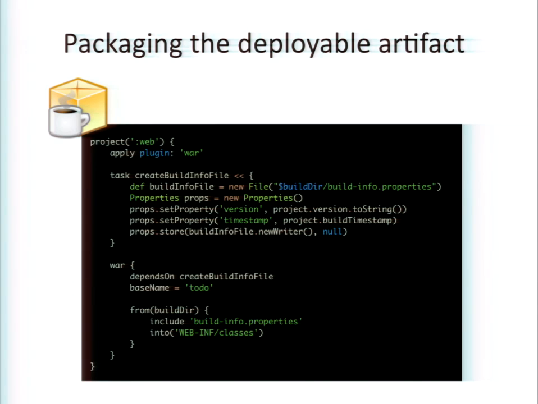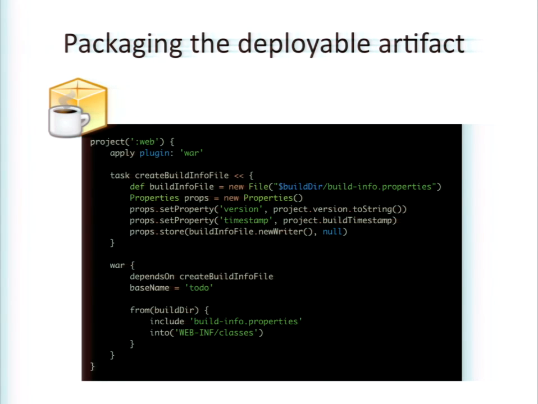So here it adds the version as a property. It adds a timestamp. A git hash would also be a really good candidate here. So a simple task that writes this properties file, and then we need to include that in our war in this case. And so we need to configure the war task. First, we make it depend on this task that creates the build info properties.